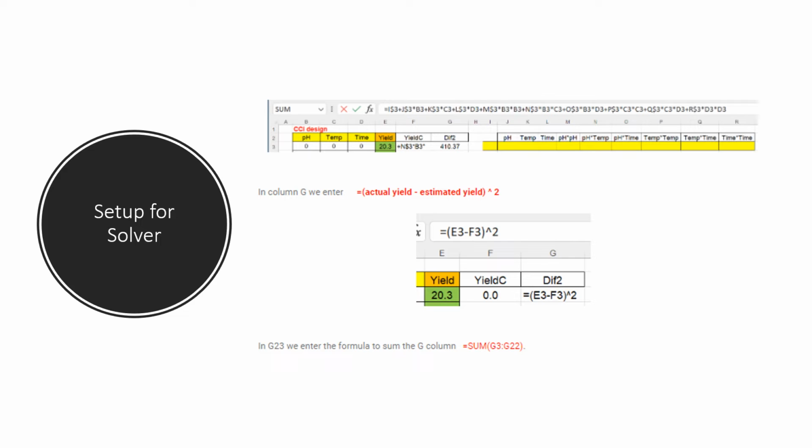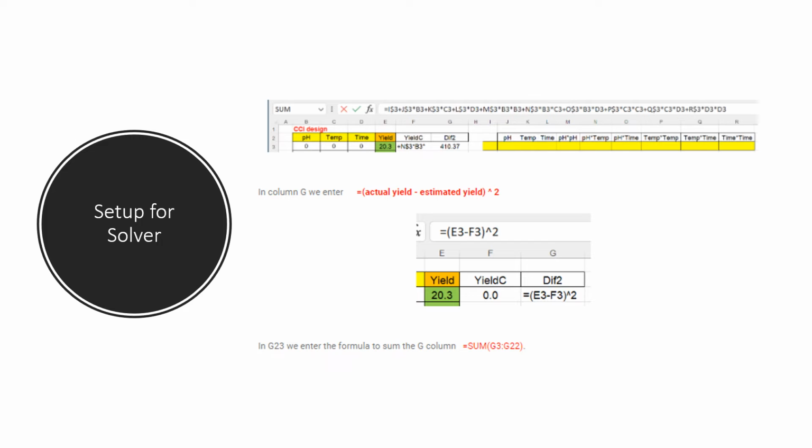The purpose of the analysis is to find a quadratic mathematical formula to approximate the behavior of our process. This formula will have as terms an intercept coefficient, three factors each with a coefficient, three two-way interactions with their coefficients, three squares of each factor with their coefficients, as shown from J2 to R2.